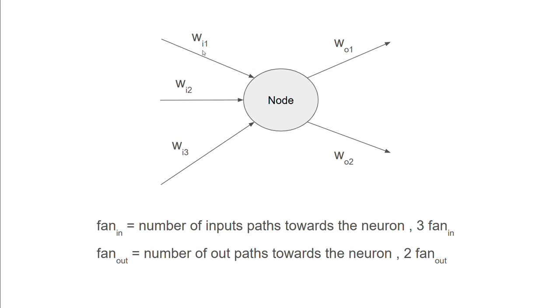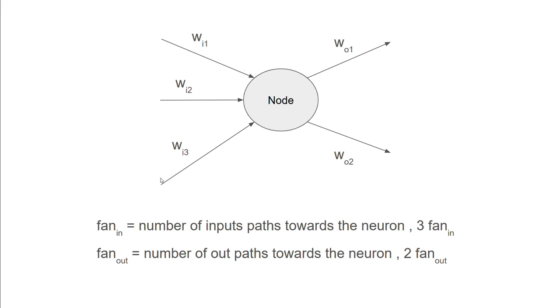What do we call this? W input 1, W input 2, W input 3. These are called fan in inputs, meaning the inputs going towards the node. And W01, W02 are called the fan out, meaning the ones going out of the node.